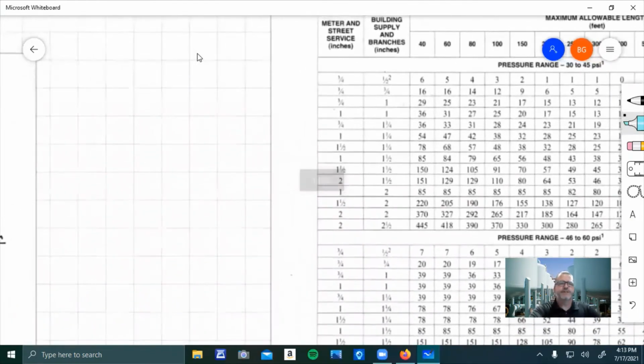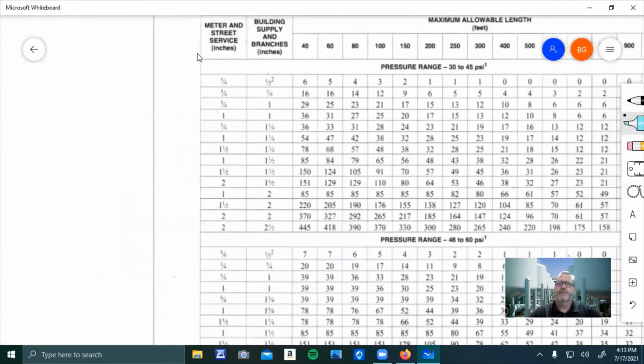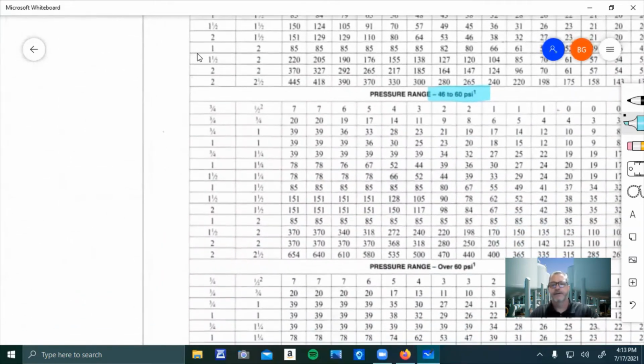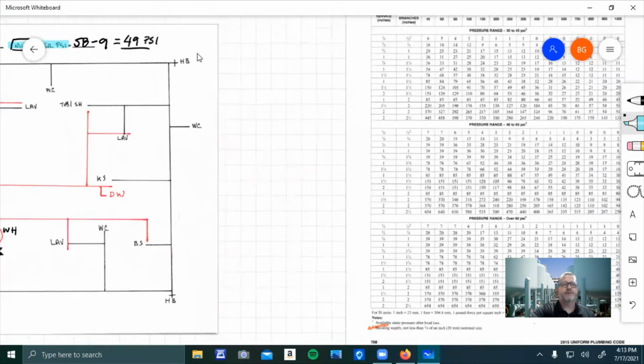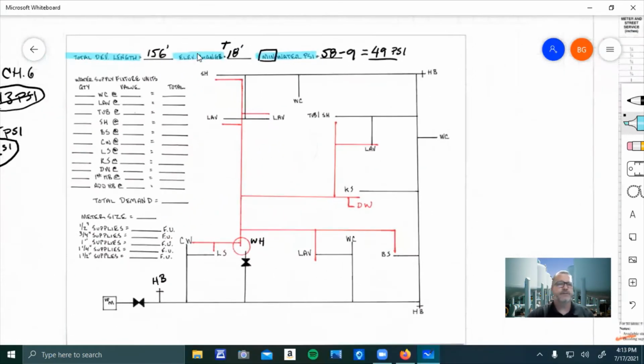So we have pressure ranges that go from 30 to 45, 46 to 60, and then over 60. That's our pressure range. That's what we have to run everything off of. Go back down this way, come back over here, and we start looking at this again.